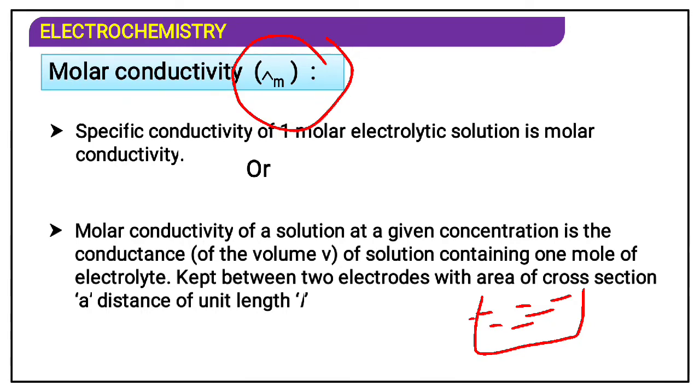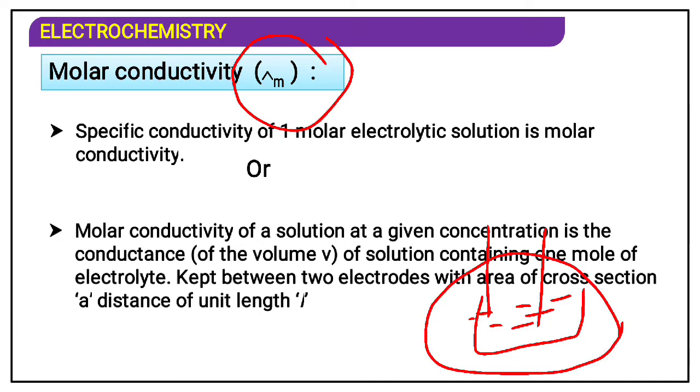What is the conductance of this when you keep 2 electrodes at a specific distance, the length L, and the area of cross section A? The conductance shown by that solution is called molar conductivity.